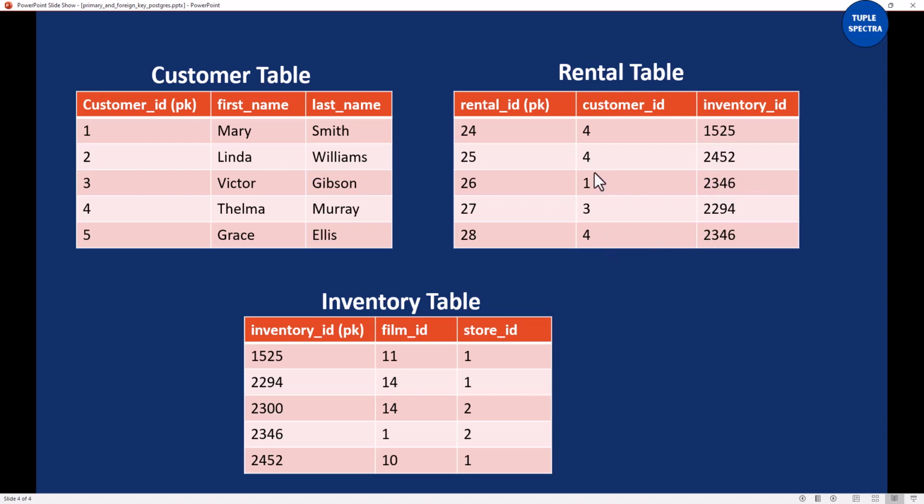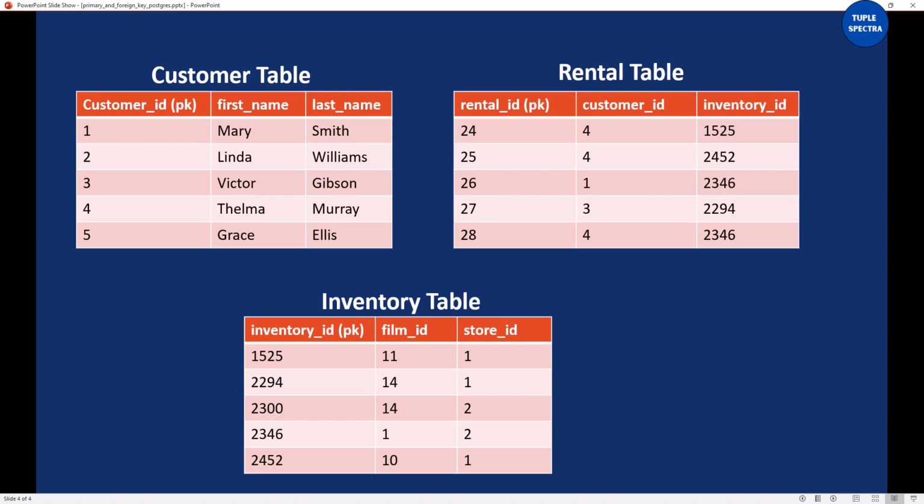You see, this customer ID, they both rented in the same inventory. That is why you see the same inventory ID. So now this is a foreign key inside rental table, which is referencing the primary key inside the inventory table. That's this inventory ID inside this inventory table. I hope you guys get that right now.